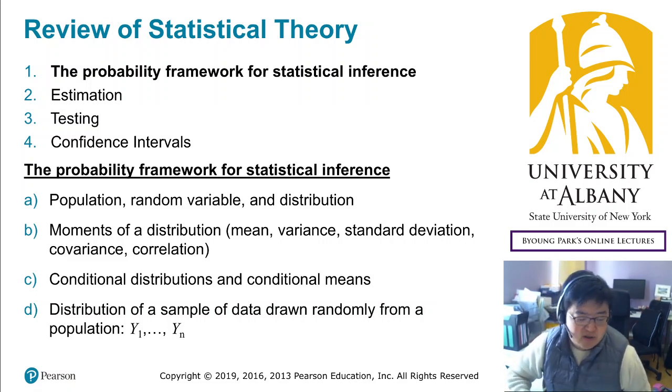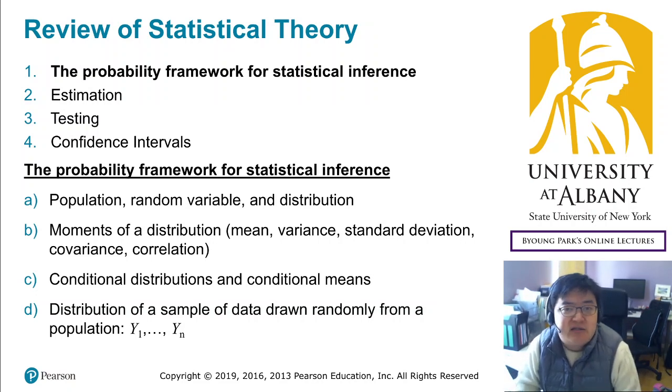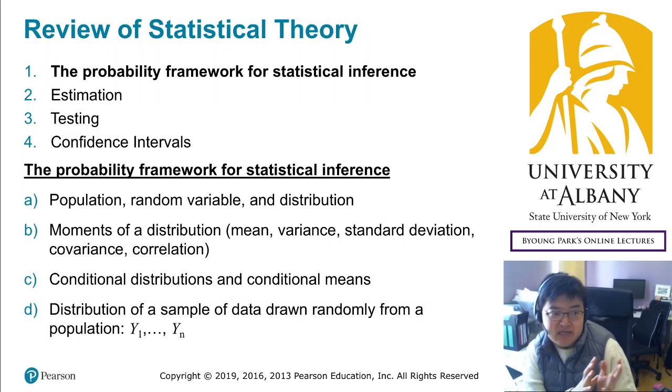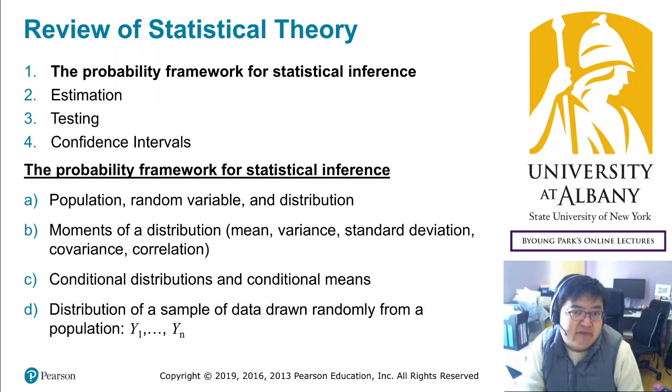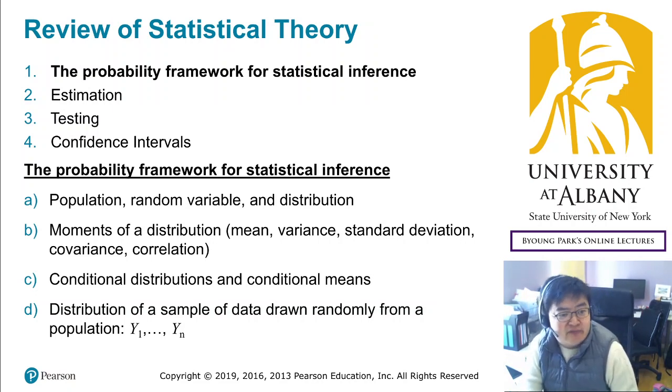I reviewed how we apply the statistical methods to the example that I gave at the beginning. And from now on, we are going to review statistics and what you learned in 320 more seriously.